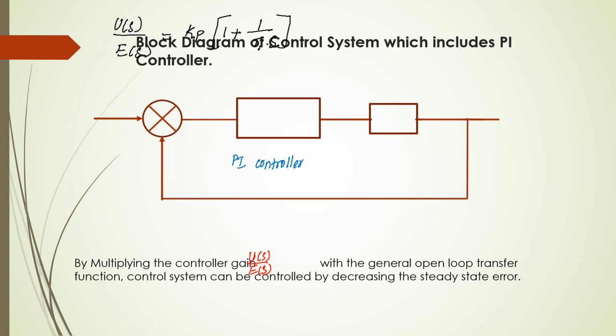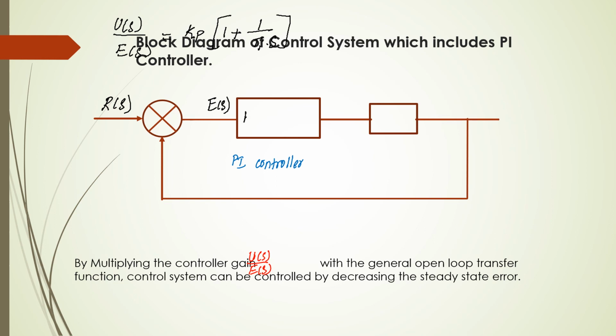Here I have drawn the block diagram of a control system, which includes which controller? The PI controller. The input is R(s), and then the PI controller value is E(s) multiplied with the gain of the system.